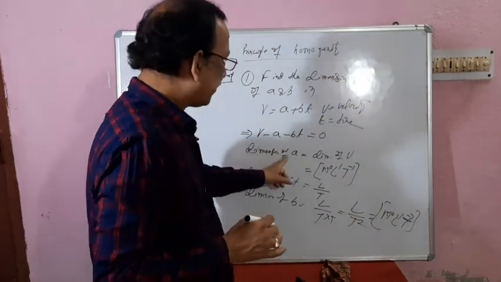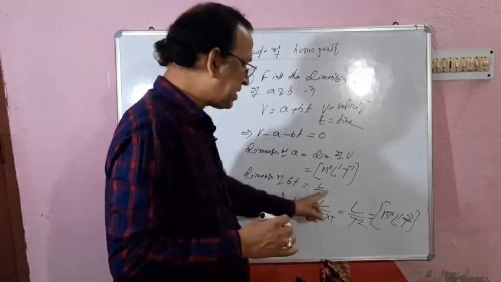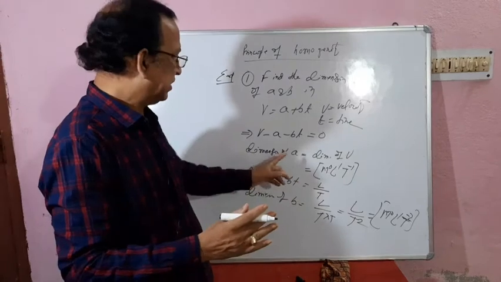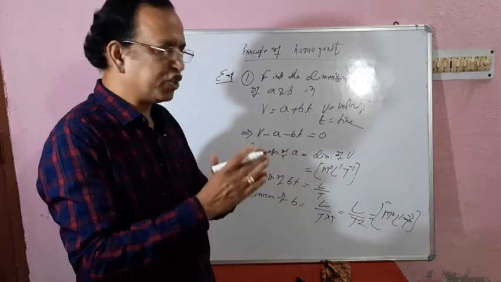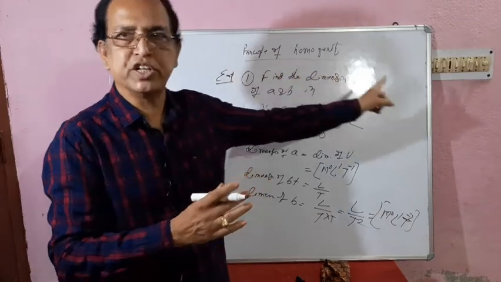So dimension of A is M0 L1 T minus 1, dimension of B is M0 L1 T minus 2. So these are the dimensions of A and B, solved with the help of the principle of homogeneity.